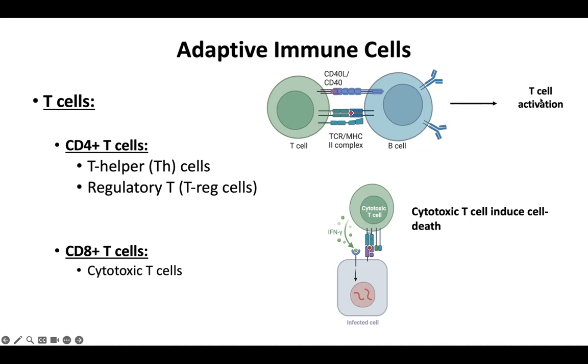And this is a typo, it's supposed to be B cell activation. My bad on that. But T cells can activate B cells to produce the immunoglobulins that can help with the fight against the invading pathogens. The key takeaway, again, within adaptive immunity, everything requires antigens.